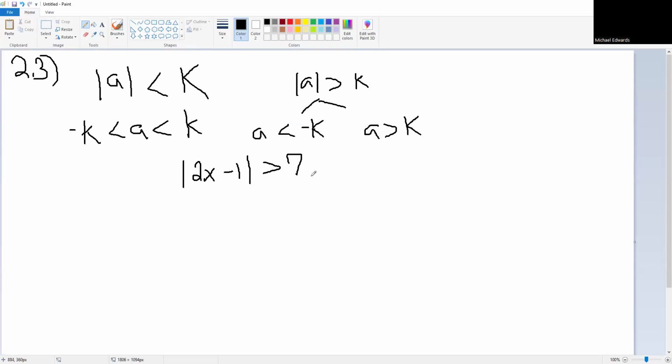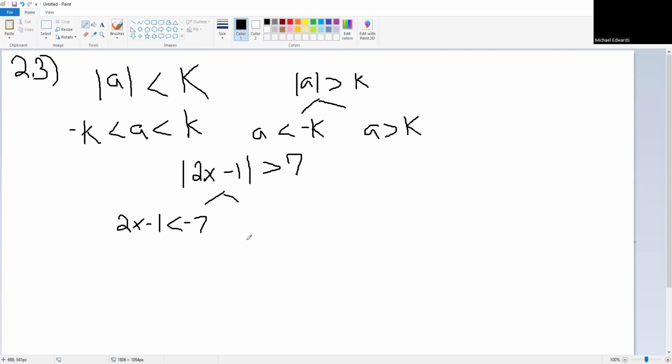So isolate the absolute value by itself. That's already been done. The absolute value is here by itself on the left-hand side. Now, using this rule, that A is greater than K, we can rewrite this. We would rewrite it as 2x minus 1 less than negative 7.